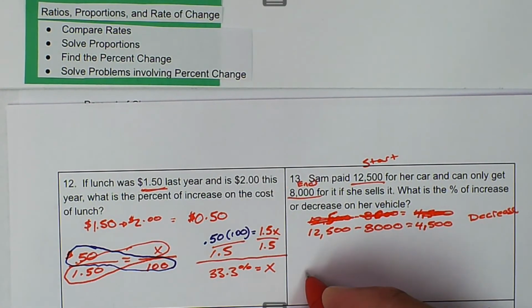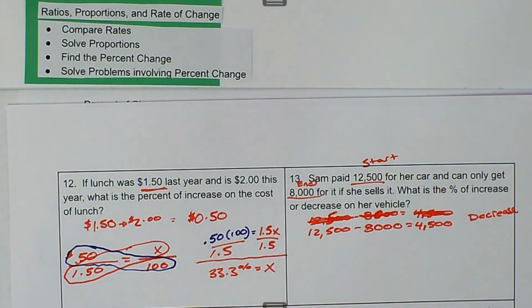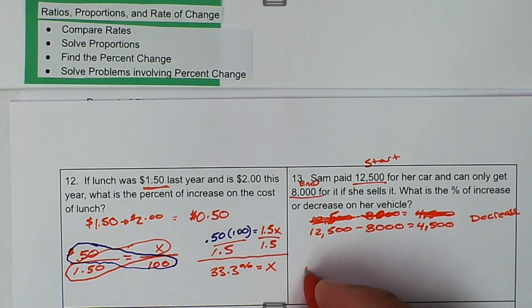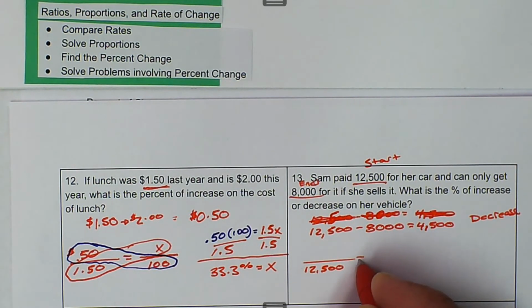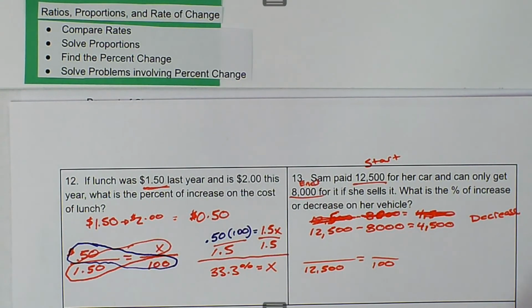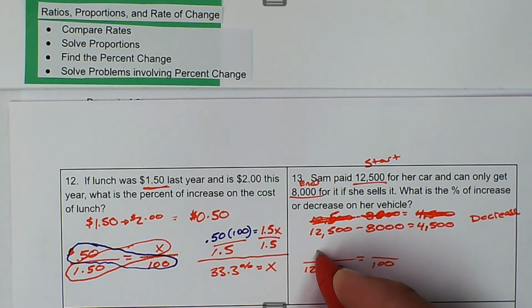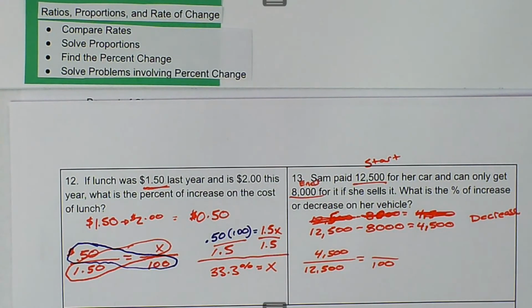We're still going to start with the original price, which is 12,500, and we always know that 100 is going to be in the denominator over there. How much did it decrease? 4,500. And what are we trying to find? Our X, or our percent.